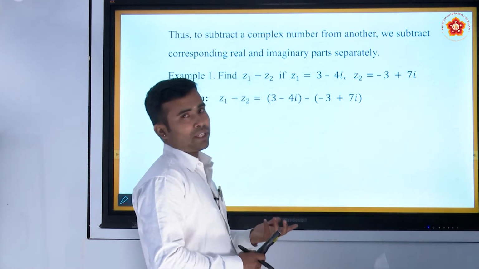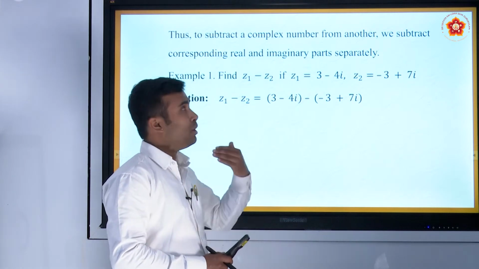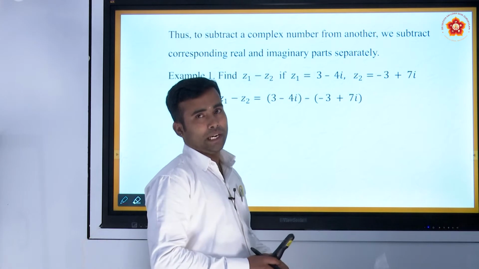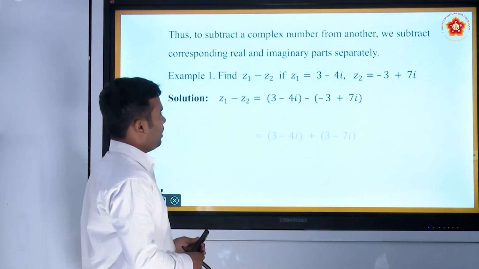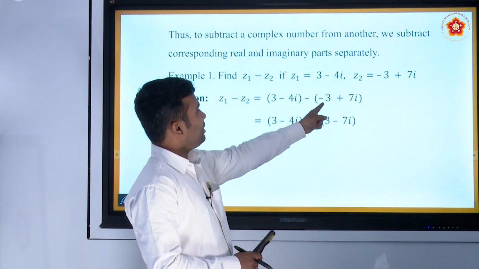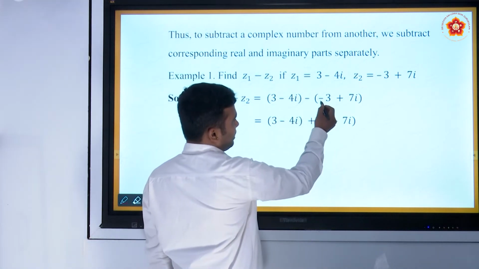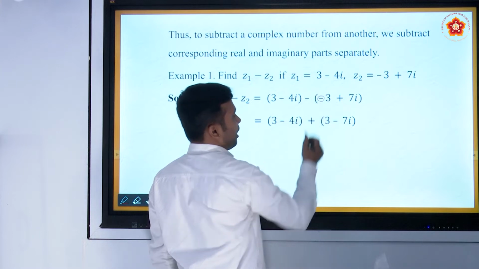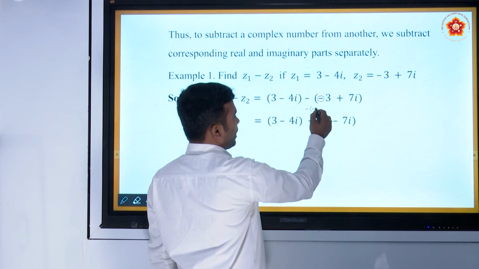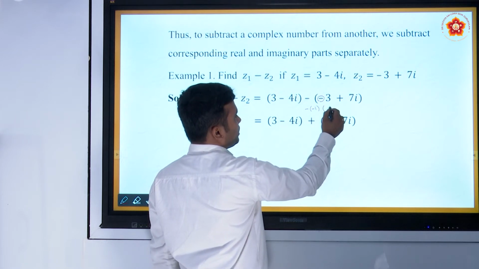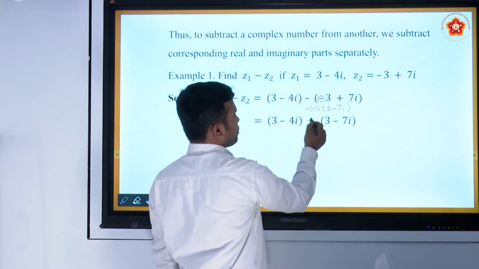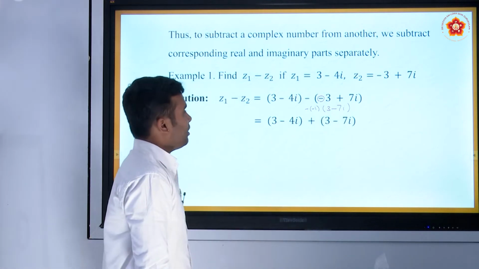We subtract the corresponding real and imaginary parts separately, so let us do that. Here I take this minus outside, so it becomes 3 minus 4i, then minus into minus 3 becomes plus 3, and minus into plus 7i becomes minus 7i.